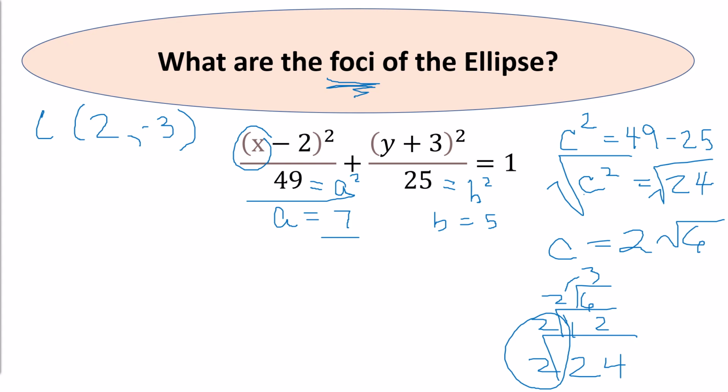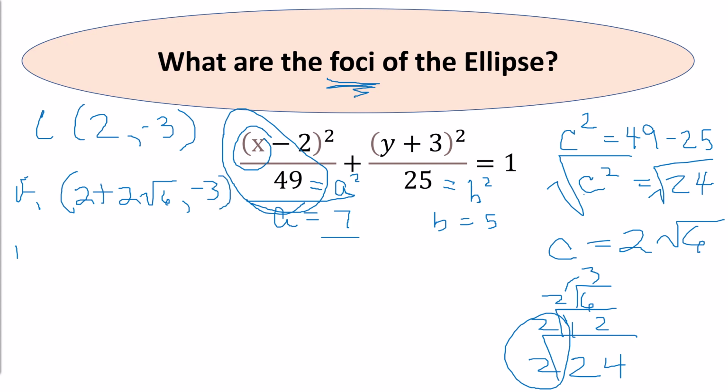So we're going to add and subtract 2 square roots of 6 to the major axis. So again, bigger number, going to add or subtract to the x. So our foci are the first one, call it F1, is 2 plus 2 square roots of 6, negative 3.